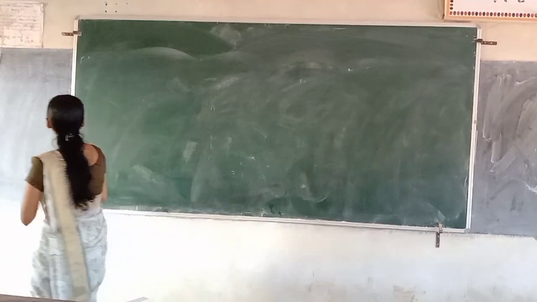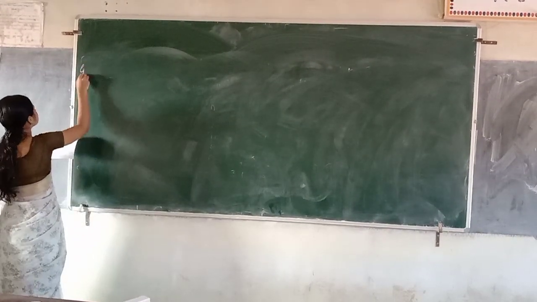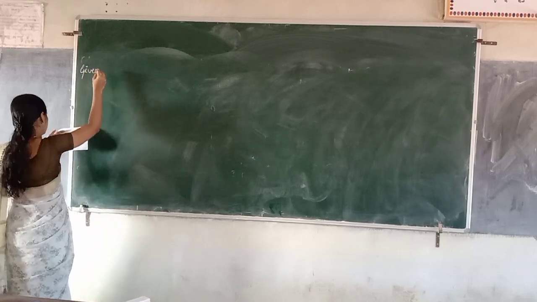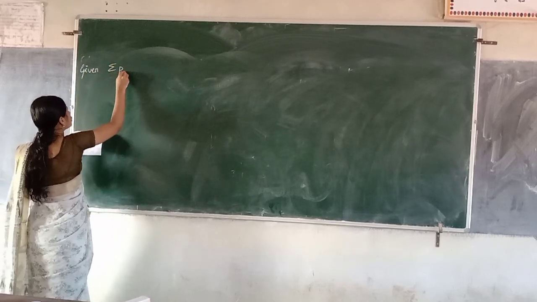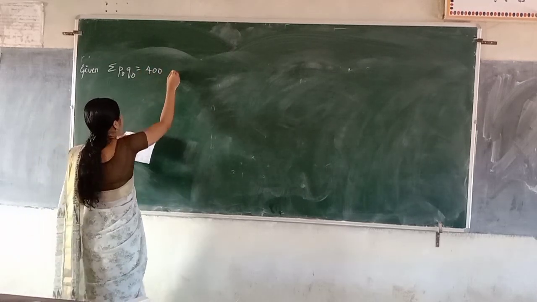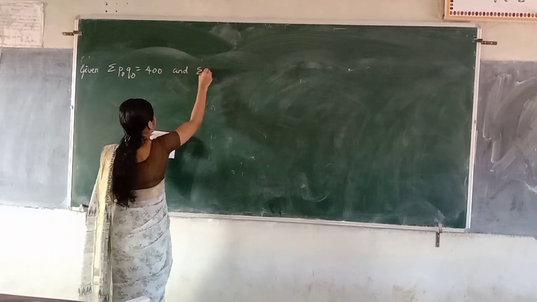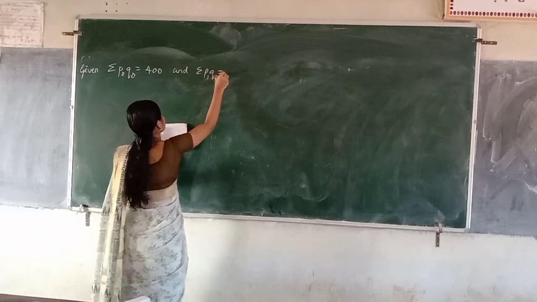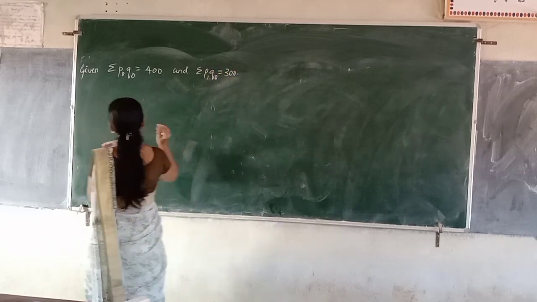So the problem is given: summation of P0 Q0 is equal to 400 and summation of P1 Q0 is equal to 300.